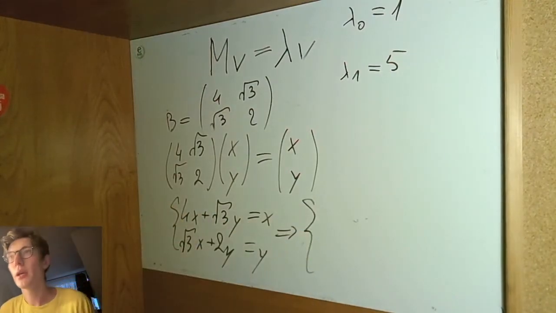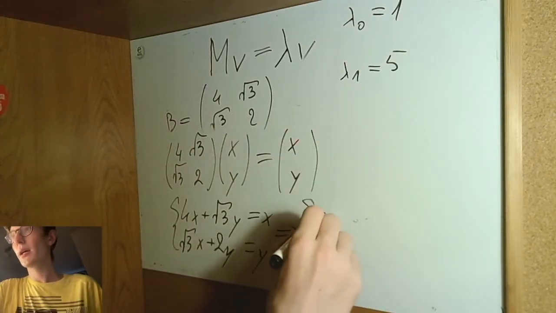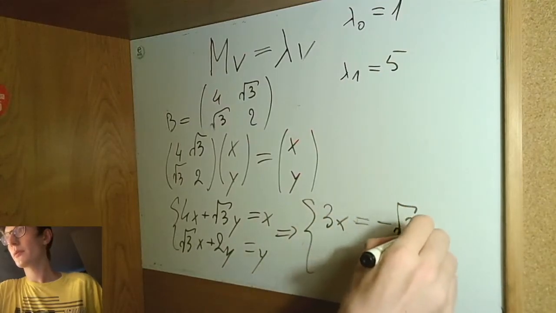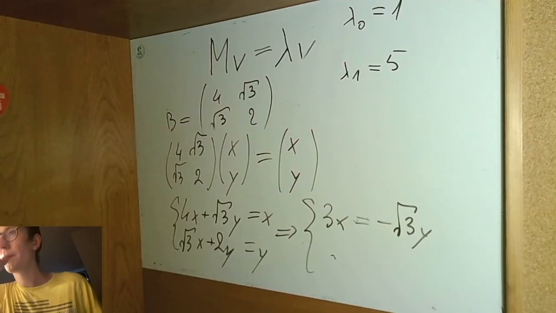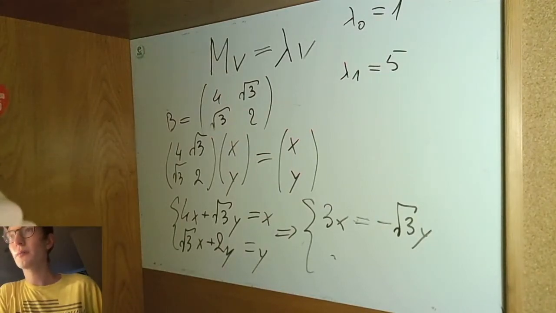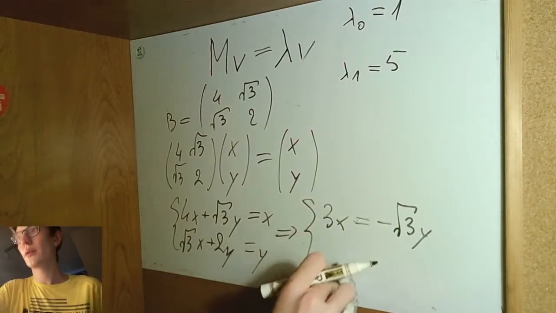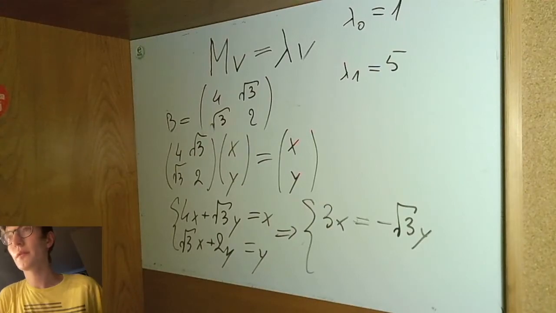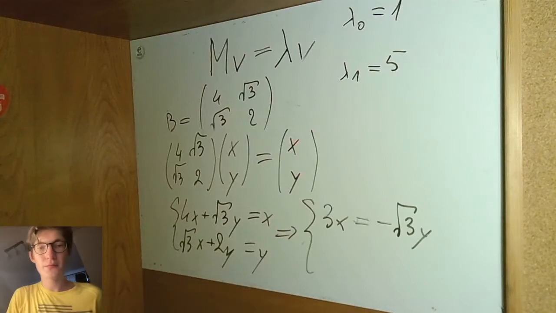And now we obtain that 3x equals minus square root of 3 y, and here, okay, I'm just thinking about what is better. Is it better writing y as some function of x, or the other way around? By the way, it doesn't matter, we can do both things.